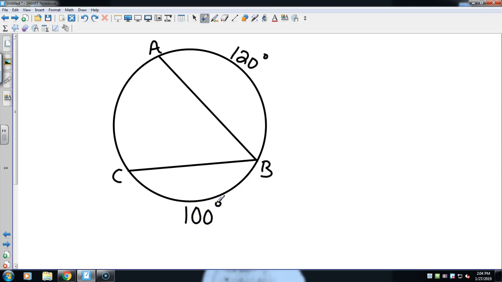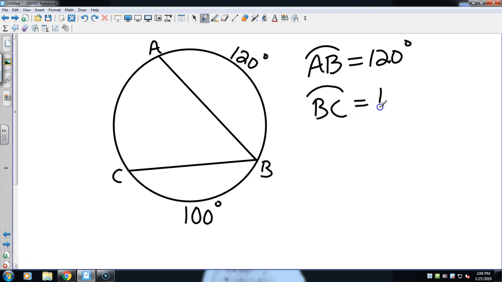That's the arc. So arc AB is 120. Arc BC is 100. I want to know what angle ABC is, and I want to know what arc AC is.